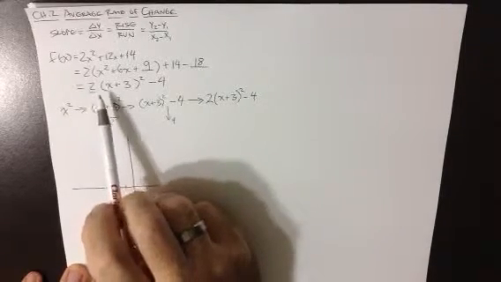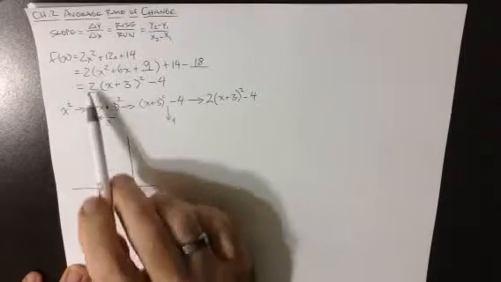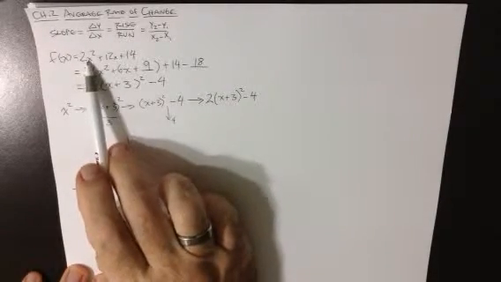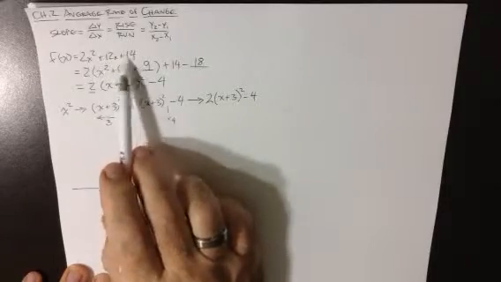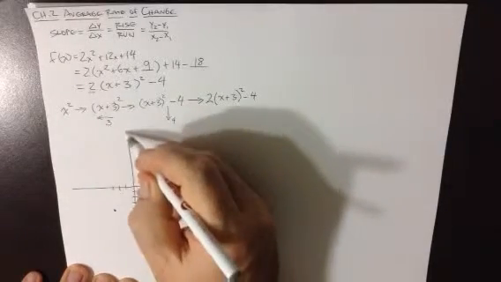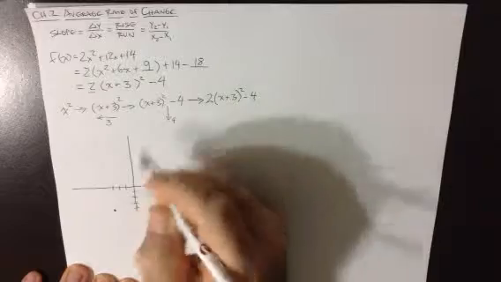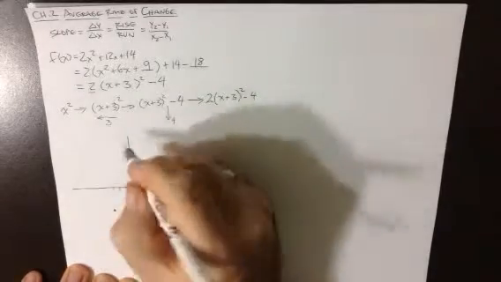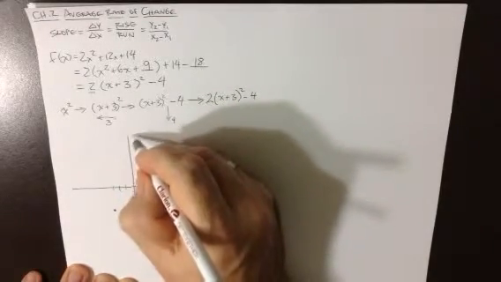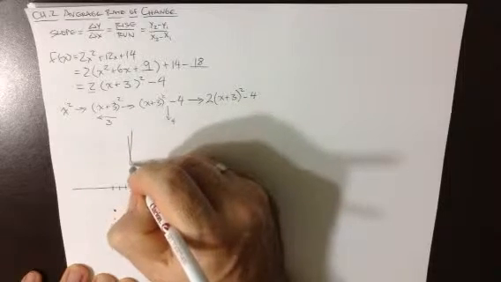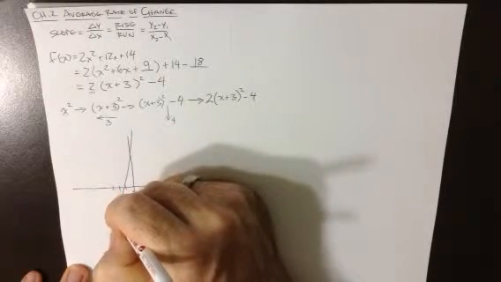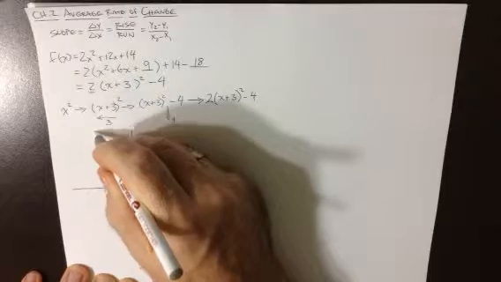Another thing to think about, when x is equal to 0, we can go back up here. That's going to be 0 plus 0 plus 14. So it's going to cross over the y-axis pretty high up here. That's kind of beside the point right now, but anyway. So it's coming down pretty thin, and it goes back up again.